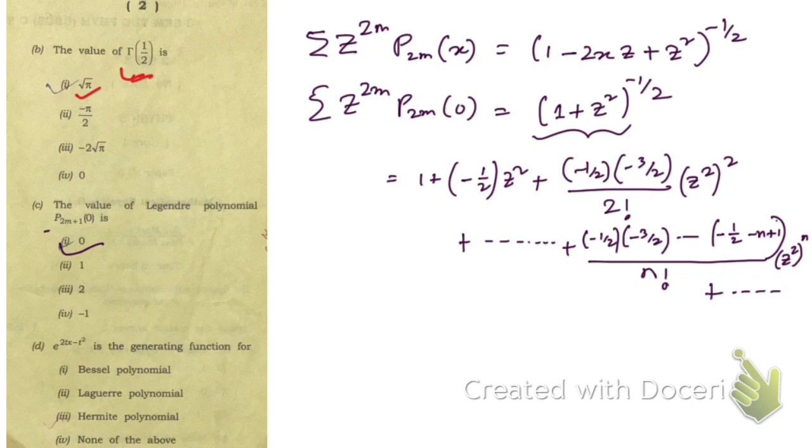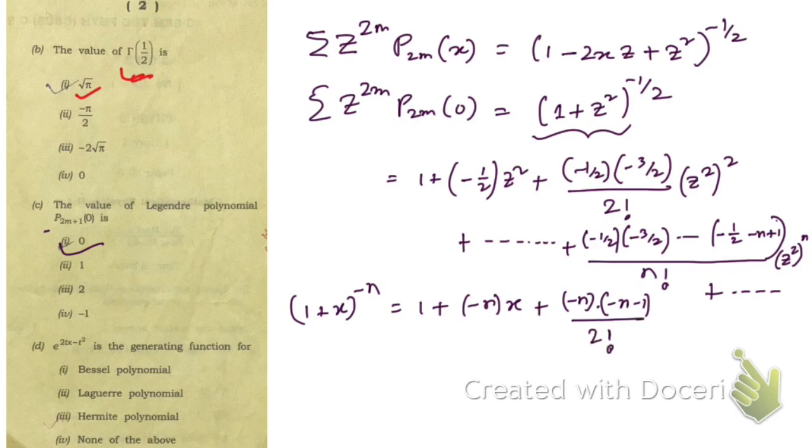Because you have already got this expansion: 1 plus x whole to the power minus n is equal to 1 plus minus n x, sorry, not x square, only x, then plus minus n into minus n minus 1, divided by factorial 2, x square, and so on.